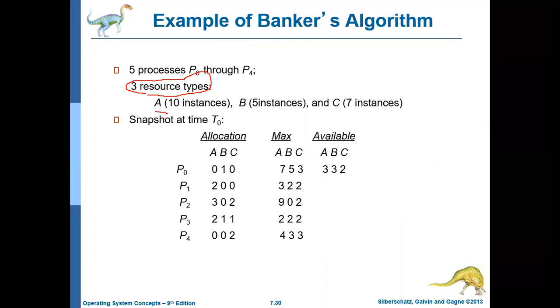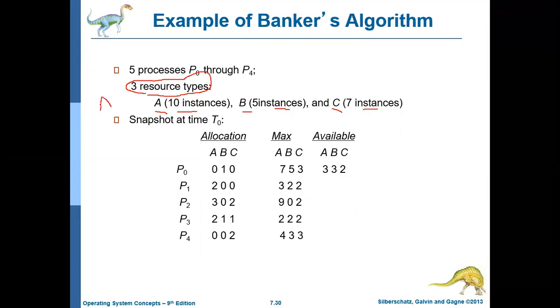These are resource A, resource B, and resource C. There are 10 instances of resource A, 5 instances of resource B, and 7 instances of resource C. This is the available with the operating system.